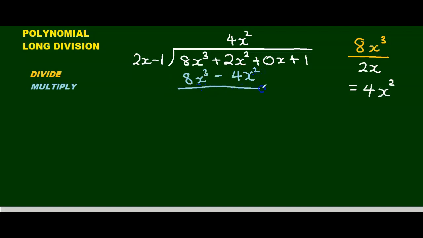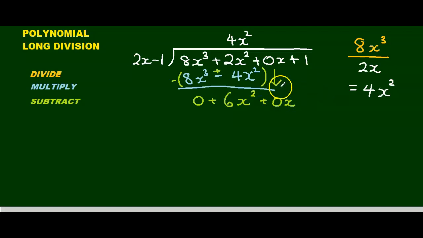Then I'm going to subtract. So I'm going to put a minus on the outside, so all my signs on the inside will change. So 8x cubed minus 8x cubed gives me 0. Negative 2x squared plus 4x squared gives me 6x squared. I'm going to bring down my 0x.